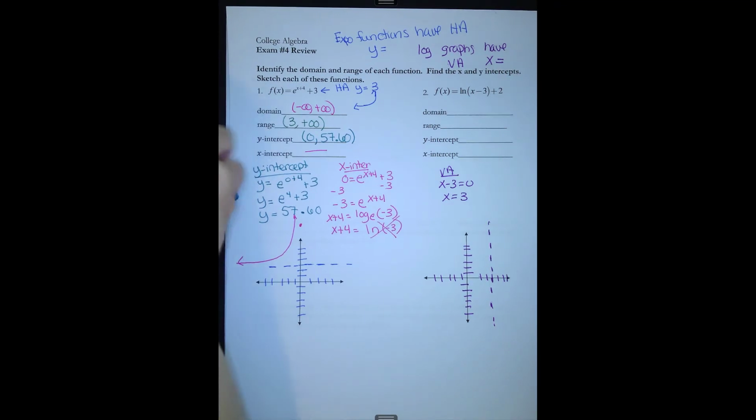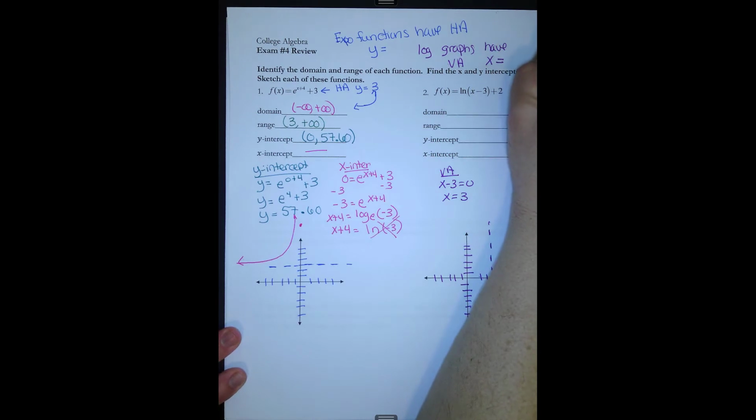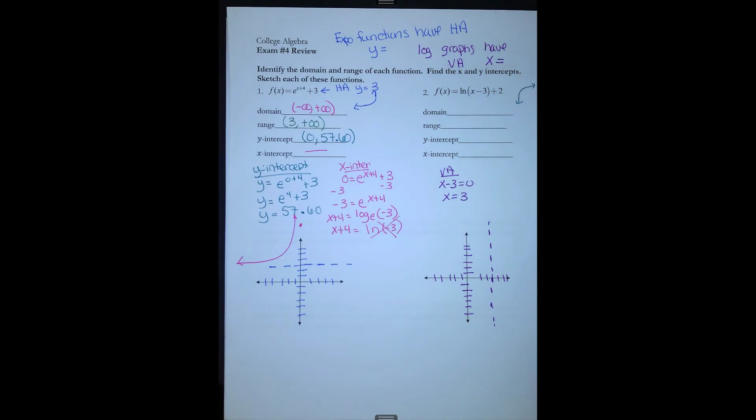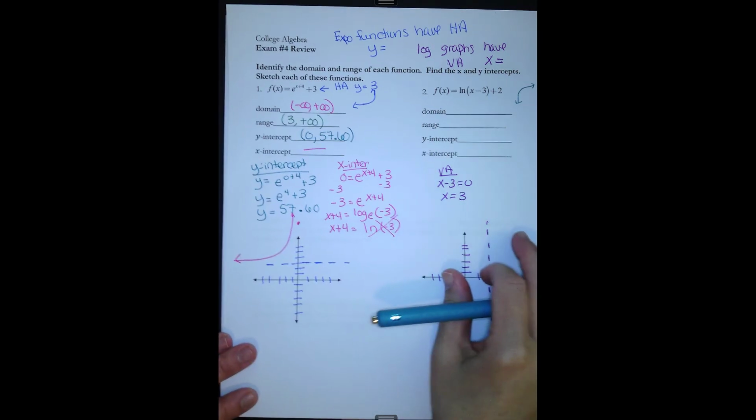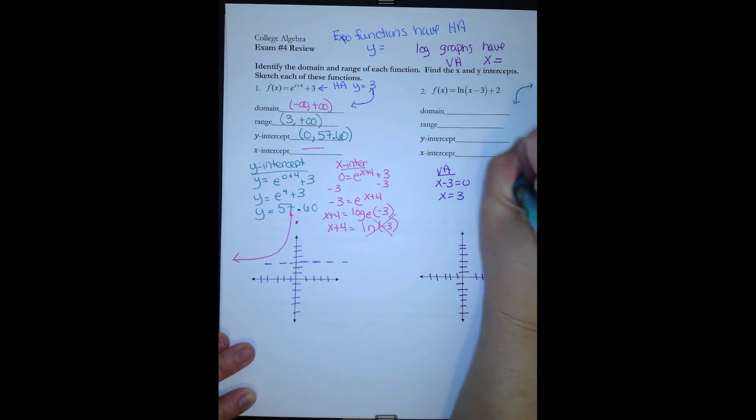And remember, our basic graph for our logarithms are going to go up and then over, because exponential functions and logarithmic functions are inverses of each other, so they are going to undo each other. So if we're going to go ahead and find our y-intercept, with our y-intercept, the x value happens to be 0, so we end up with y equals the natural log of 0 minus 3, plus 2.